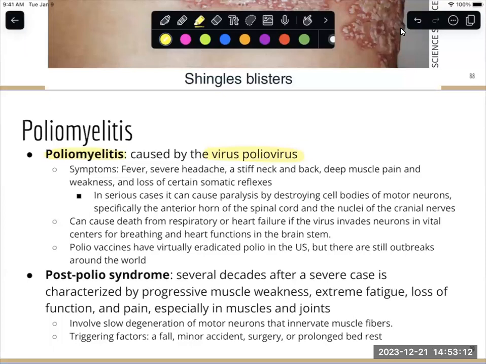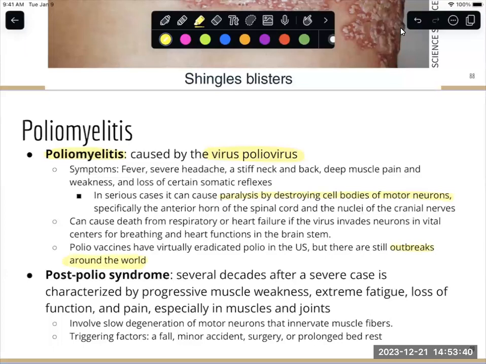Just as a public service announcement, if you're traveling to different countries, you should always check those vaccination lists, because polio still has outbreaks around the world. And what polio does is it can cause paralysis by destroying the cell bodies of motor neurons.